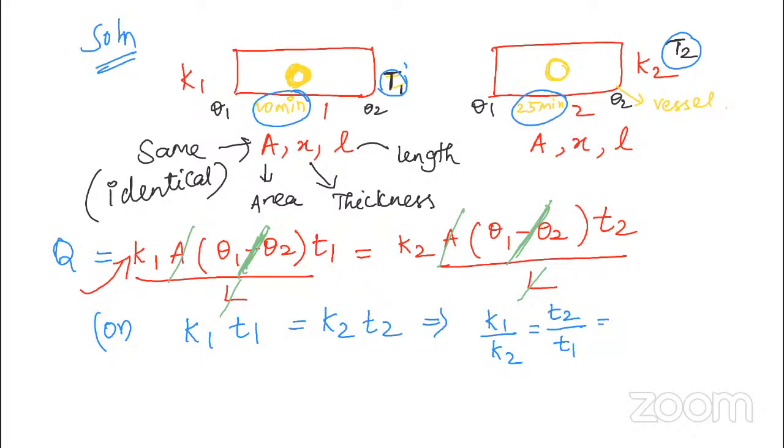Substituting, 25 minutes divided by 10 minutes, which cancels to 5 by 2. So the answer is 5 by 2. That is the ratio.